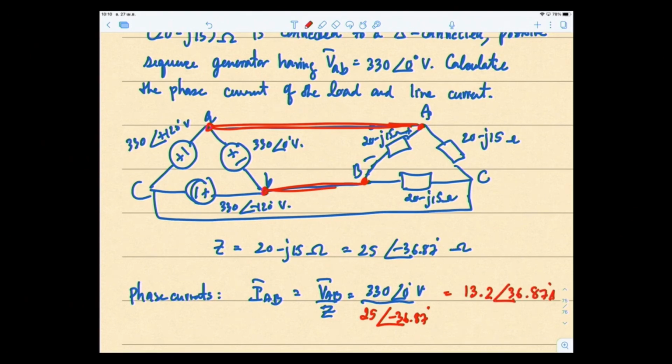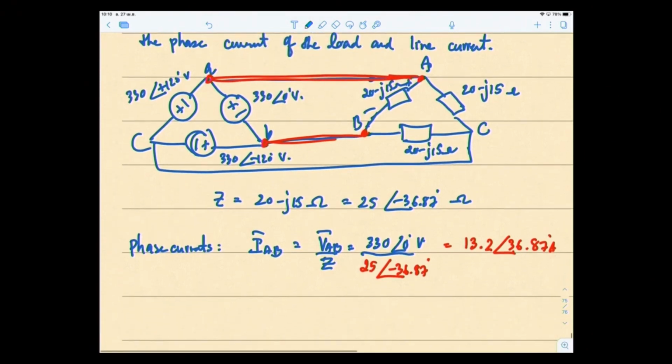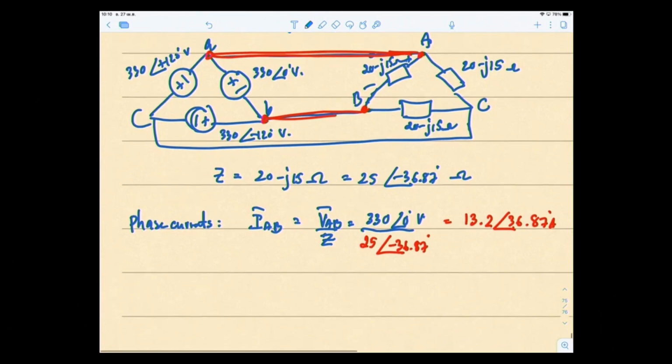angle 36.87 amps. Since it's a balanced system, your life becomes much easier now, because the magnitude will be the same, but the only difference is that the phase angle is 120 degrees out of phase of each other. How they are out of phase depends on whether it's a positive sequence or the negative sequence.